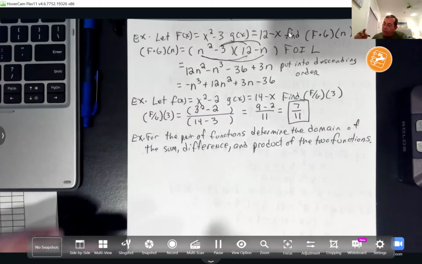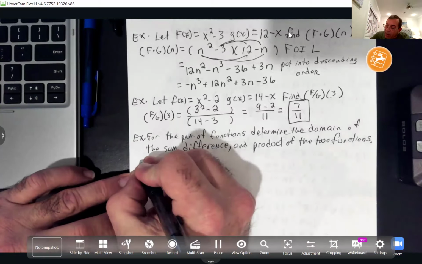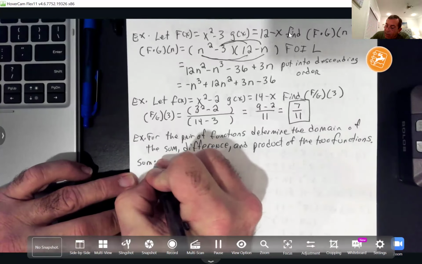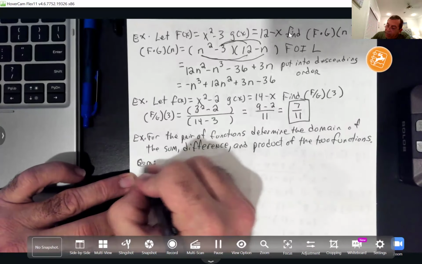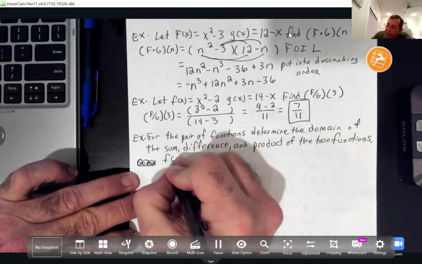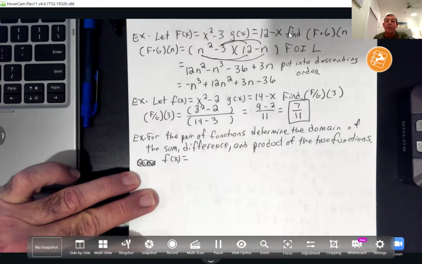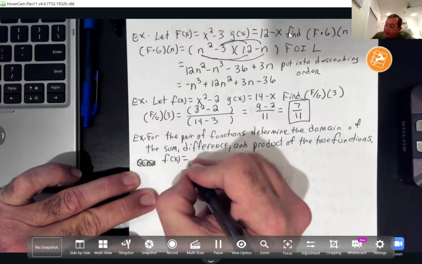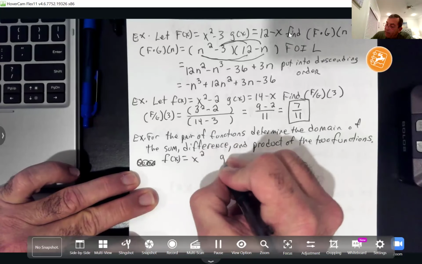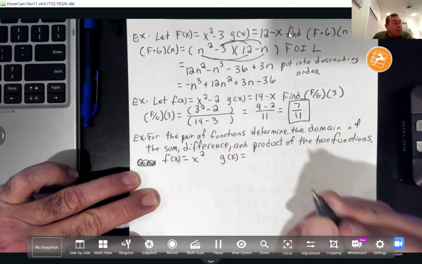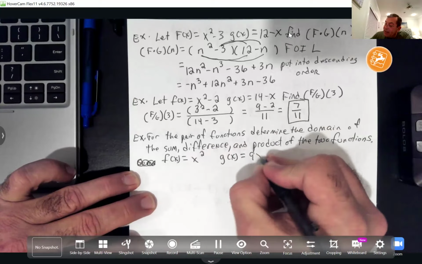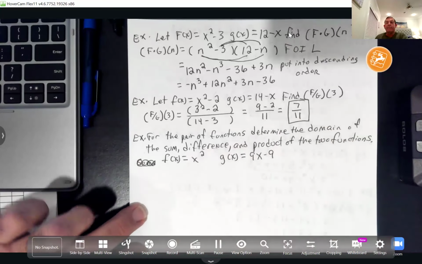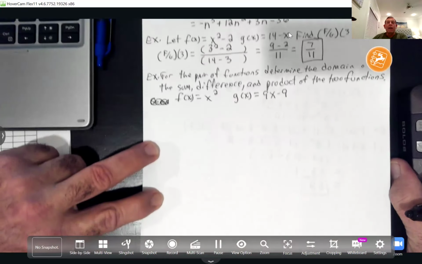So first I'll start with the domain of the sum. Oops, hang on, y'all. Let me give you my functions first. I need to give you f of x and g of x real quick. F of x is x squared. G of x is 9x minus 9. All right, so here we go.